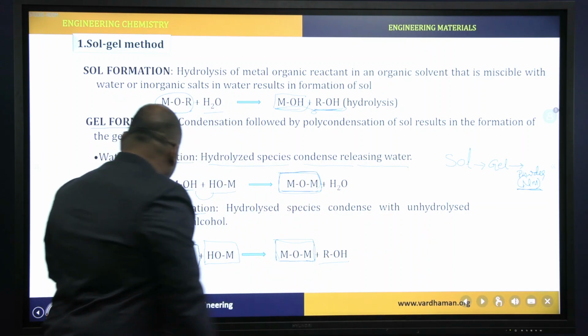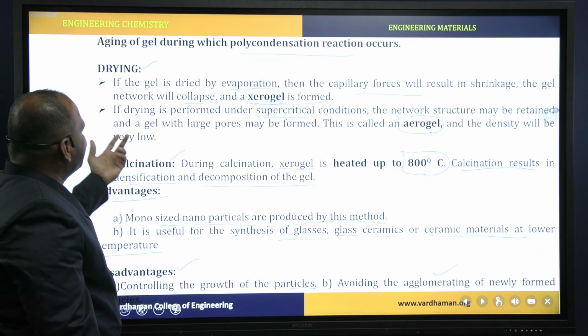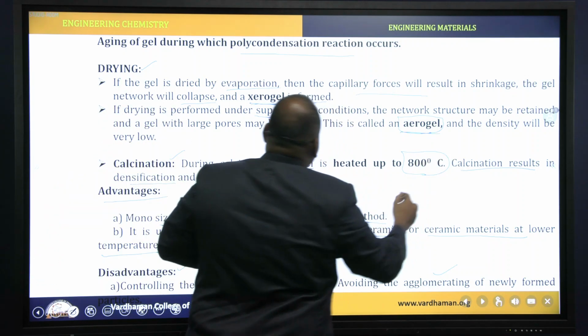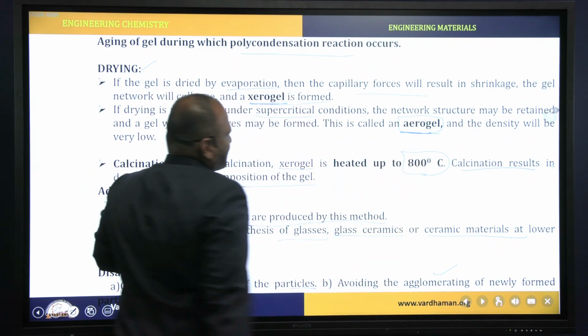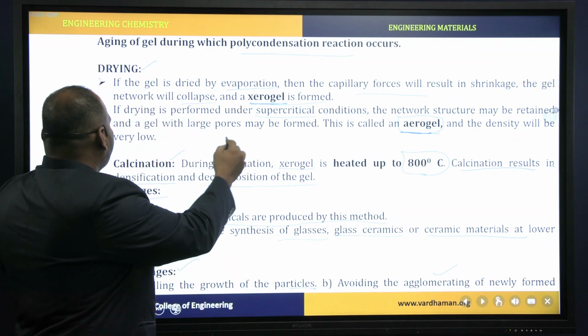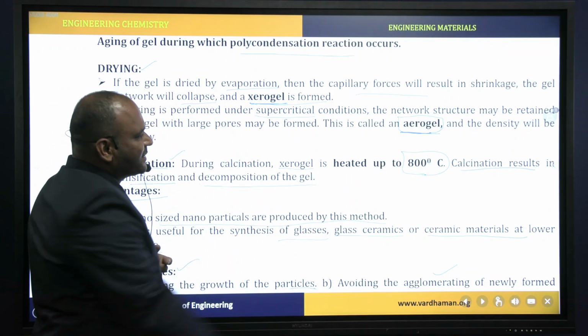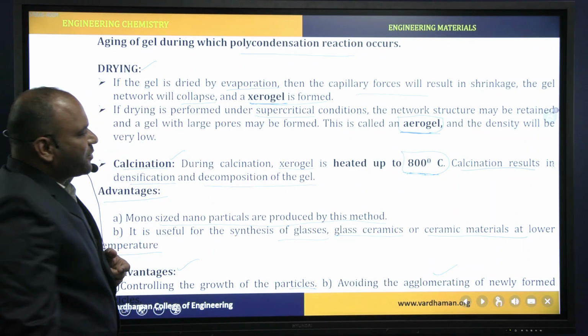Later, this gel undergoes drying, giving xerogel or aerogel. There are no pores in xerogel; in aerogel, there are pores, right? Finally, after drying, we need to calcinate the compounds at 800 degrees centigrade, and we will get our desired product.